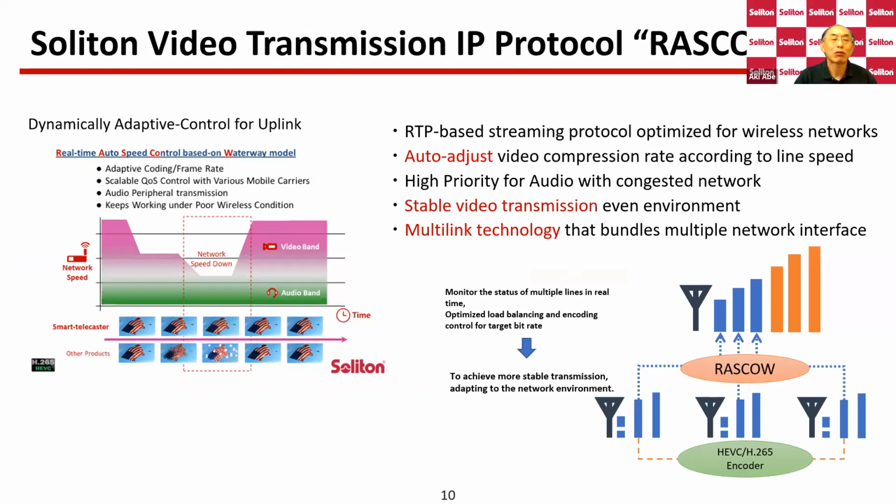So we have our program that's a real-time auto speed control based on the waterway model. The reason we call this waterway is because the video processing depends on the content you deliver, so it's changing all the time. And also we're using a mobile network, which is like you see in this diagram.